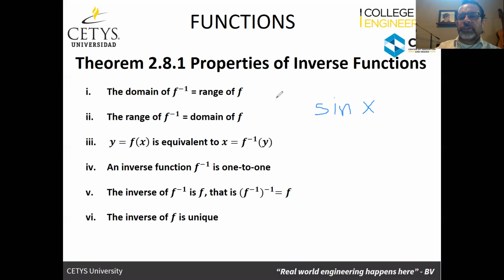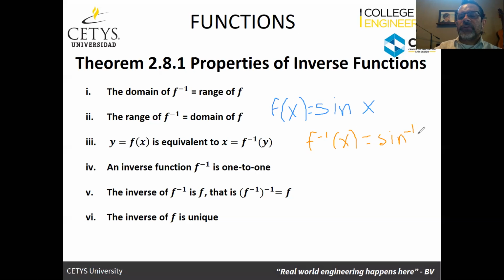This is the normal function, so I could have a function f of x equals the sine of x. And remember that there's an inverse operation. So what would the inverse operation of the sine be? The inverse is going to be the inverse sine of x. And you've worked with this before.